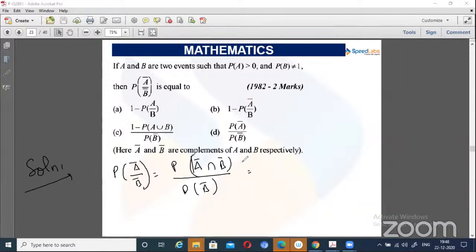Okay. Yes, Parth. Anybody else? This is the formula.